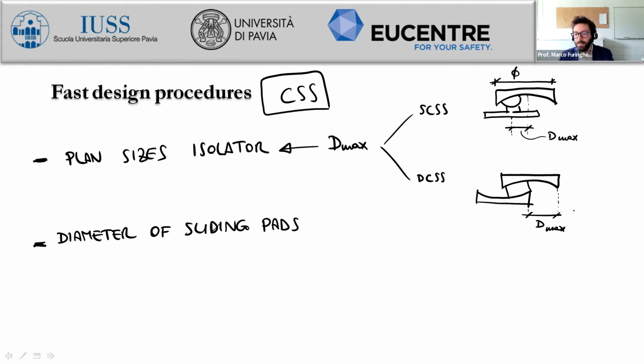Generally what happens is that if we consider the same displacement demand, the geometrical configuration of the double curved surface slider is smaller than that of the single curved surface slider. So if we want to save space, we would go through a double curved surface slider for the same displacement demand, because you achieve smaller devices.